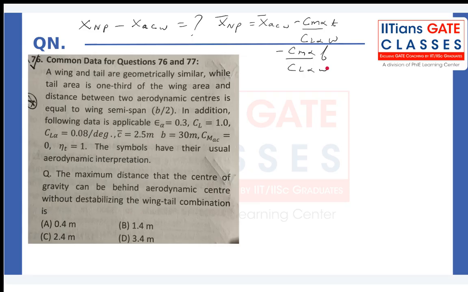It starts with aerodynamic center of the wing. When I add another surface, you subtract that quantity and then you subtract the next quantity, so on and so forth. Okay. So this is one way that I used to remember these equations. So in this question, we have wing and tail. So let's consider only these two quantities. So for this question alone, we are not considering the fuselage.